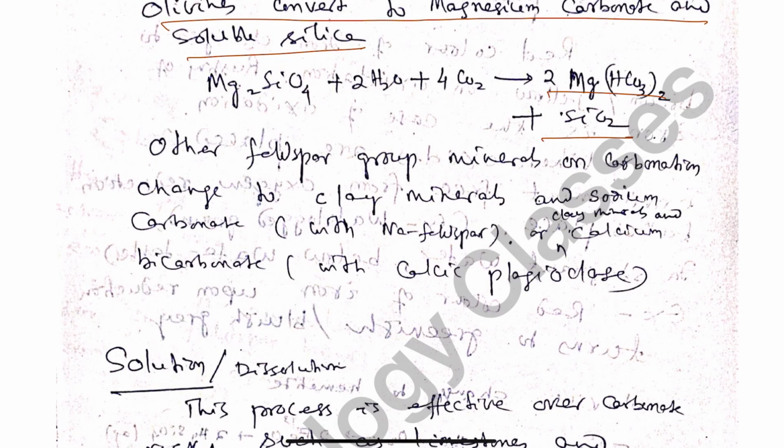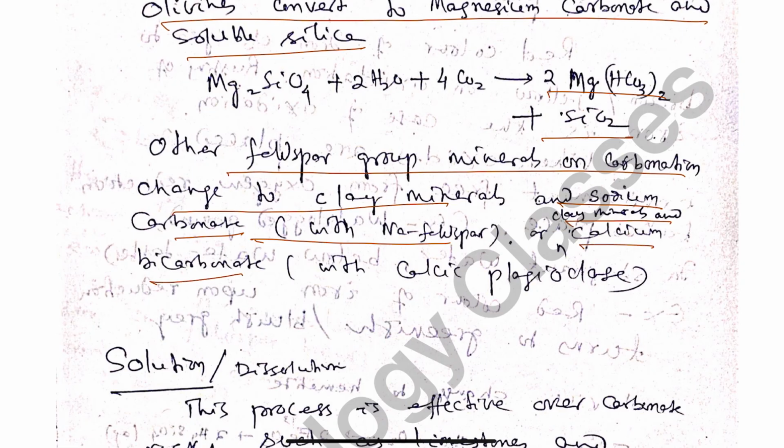Silica is being produced. So other feldspar group of minerals on carbonation change to clay minerals and sodium carbonate with Na feldspars, or they convert into clay minerals or calcium bicarbonates from calcic plagioclases.